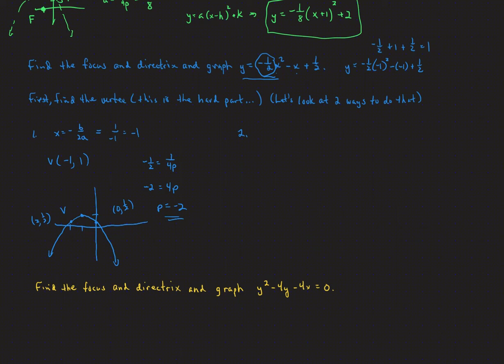I know that the focus is going to be on the interior, so I'm going to have to go down from the vertex 2 to get to the focus. So that's going to make the focus have coordinates negative 1, negative 1. And I'm going to go 2 in the other direction, that's up, to get the directrix. And that's going to put us at 1, 2, 3.